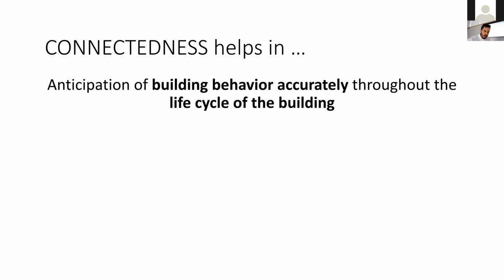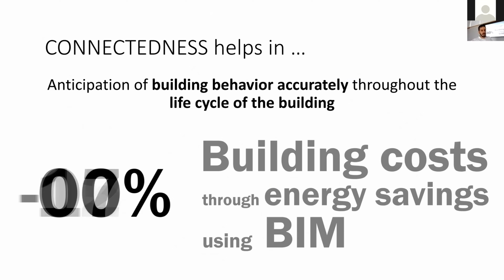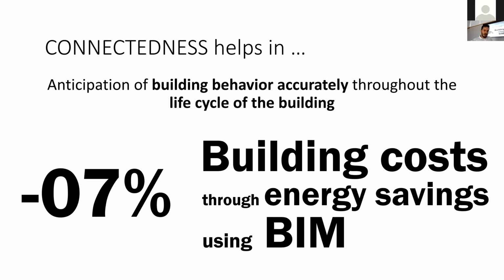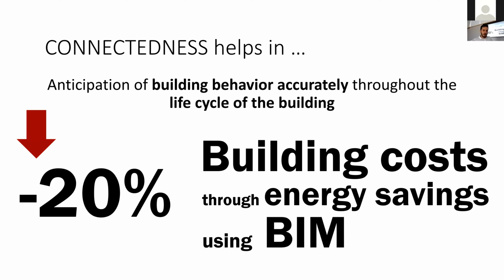So we can say that connectedness helps in anticipating the building behavior accurately throughout the life cycle of the building. This is a figure that we've seen through research and different case studies: we can decrease building costs by 20% through energy savings using BIM processes.